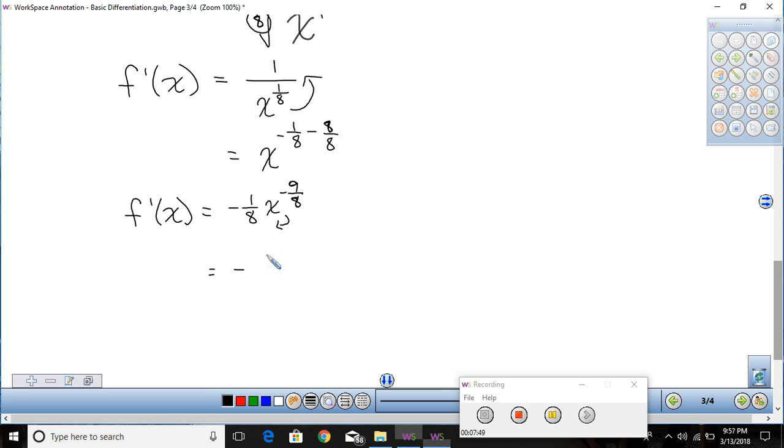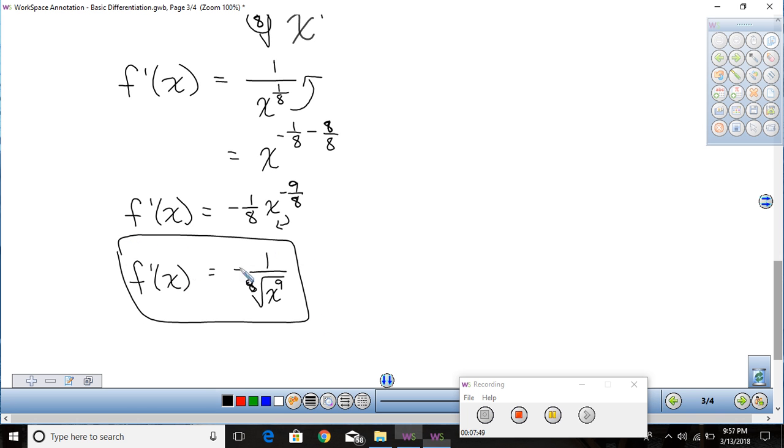So now I've got negative 1 over, this is the 8th root of x to the 9th power. And because I moved it to the denominator and made it into this root, that made this power a positive. Fabulous.